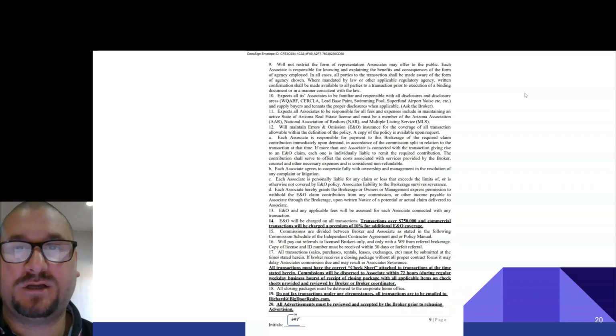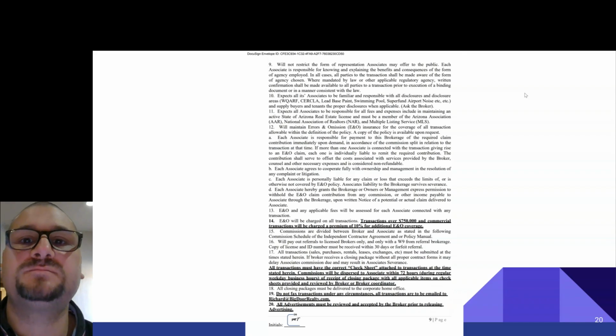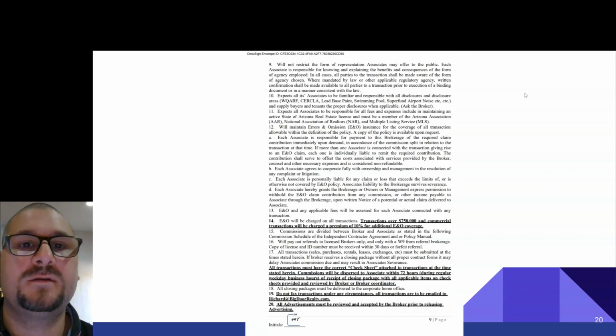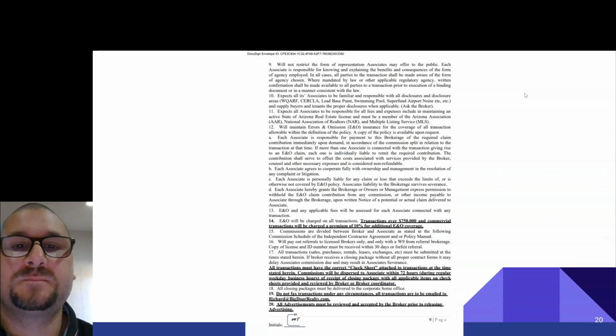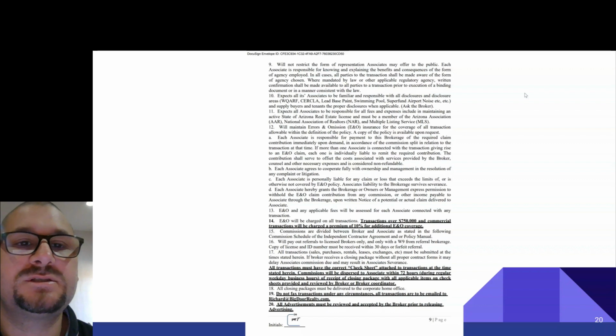Where mandated by law or other applicable regulatory agency, written confirmation shall be made available to all parties to a transaction prior to execution of a binding document or in a manner consistent with the law. Expects all its associates to be familiar and responsible with all disclosures and disclosure areas.